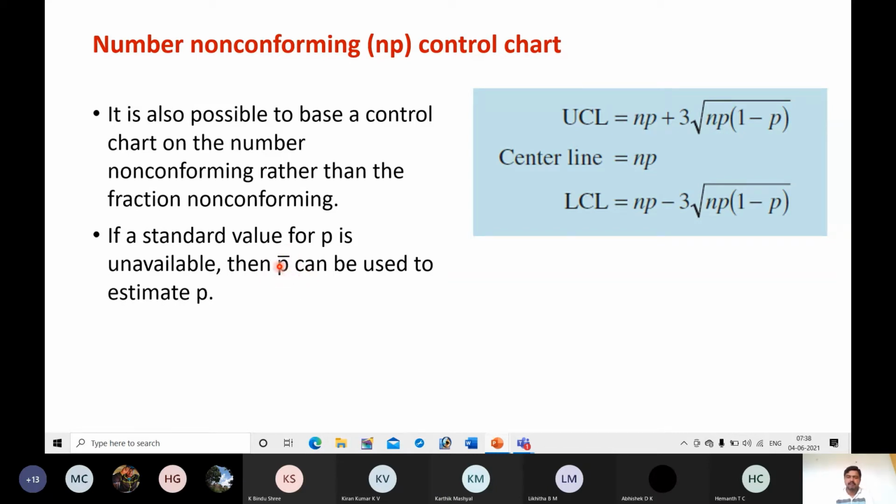For the previous problem also we did the same thing. Since p is not known, based on the individual sample fraction non-conforming values, we calculated p bar. So we can replace p by p bar: instead of np, we consider n p bar, plus 3 root of n p bar into 1 minus p bar. So p bar can be used to estimate p.